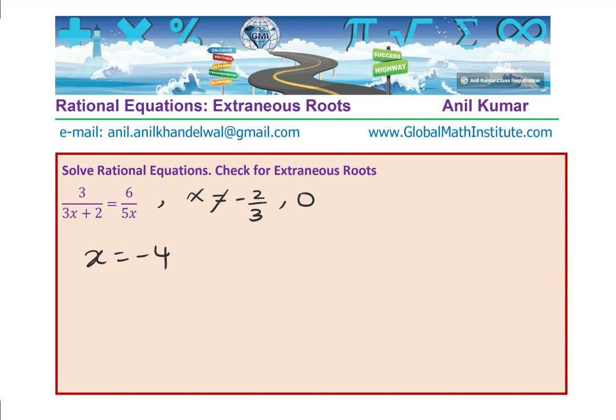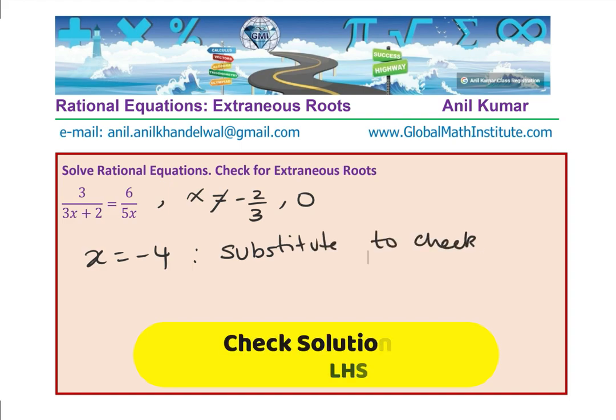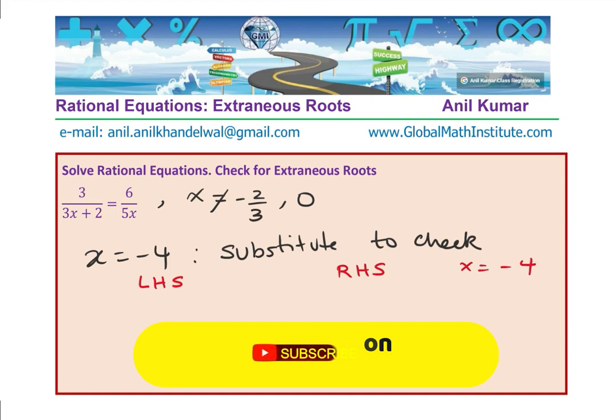So let's substitute to check. So we have two sides to this. One side, we are calling the left hand side, and the other the right hand side. So let's substitute x equals minus 4 in each.